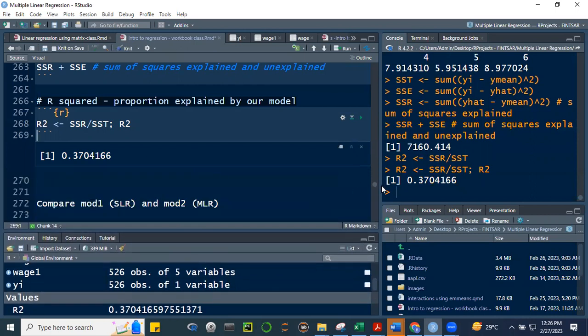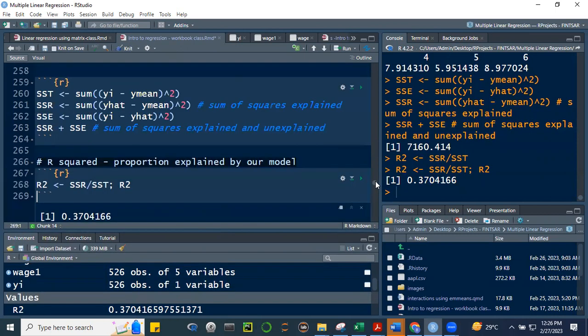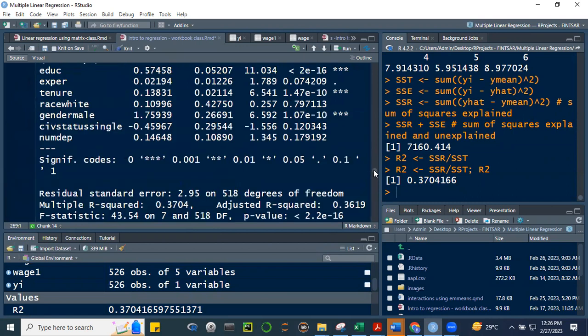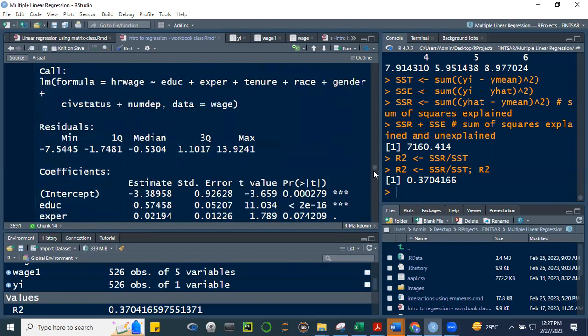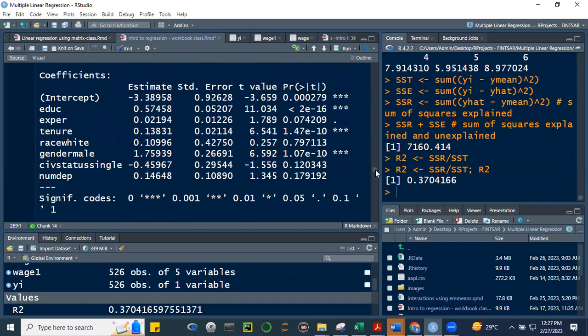Okay, ano lumalabas dito sa overall goodness of fit test? Ayun, 37.04. So itong multiple R squared na yan, dun nang galing yan. Okay? So ang sinasabi dyan, na kung mean lang yung ginamit natin, kung hindi natin ginamit yung mga predictors natin, and we just stuck to the mean.